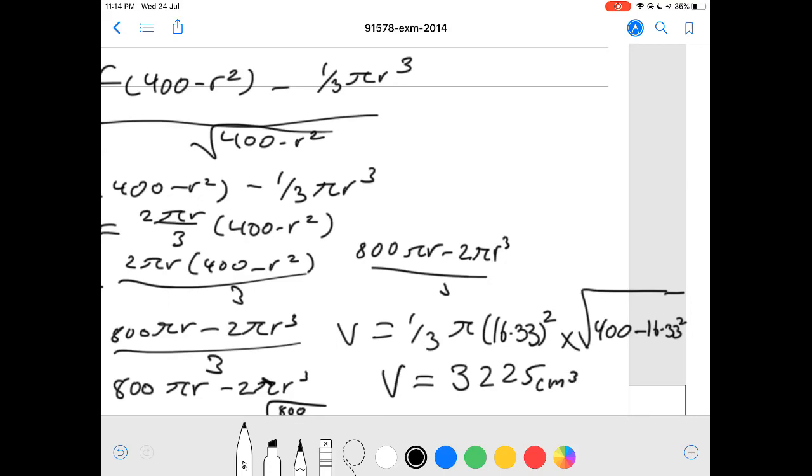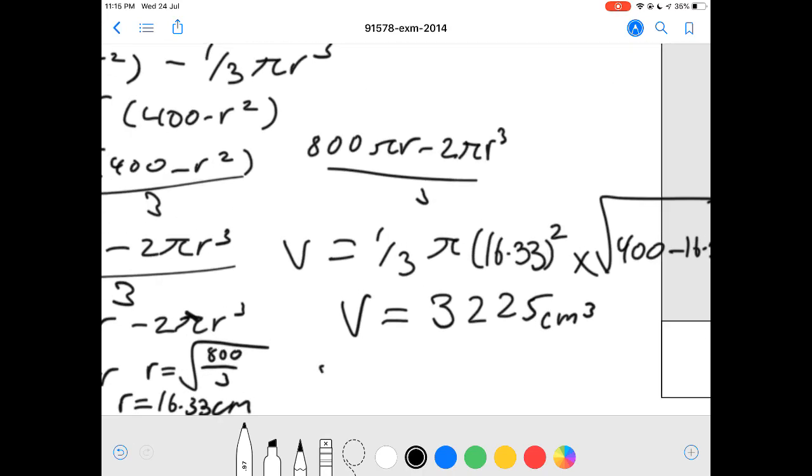Let me just double check that. Square root of the answer, times pi, times... Yeah, it's actually 3224.5, but I rounded it up to 3225 centimeters cubed.